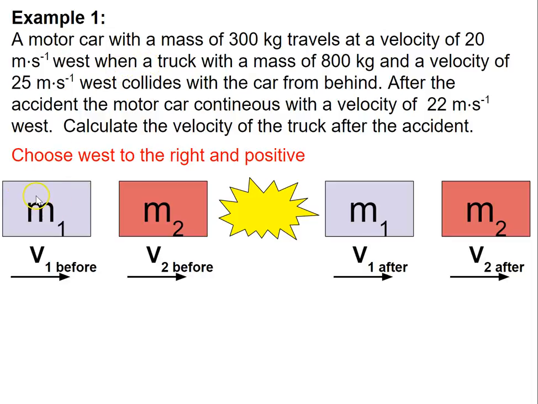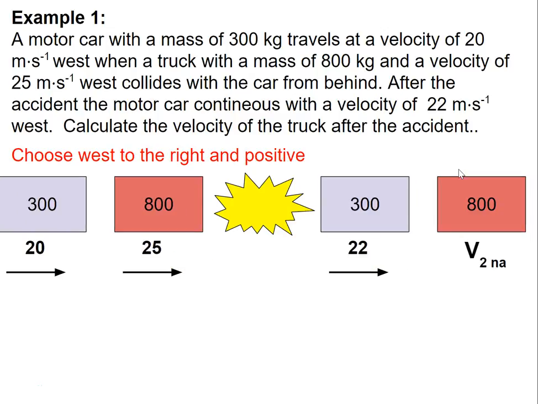So the car has a mass of 300, the truck has a mass of 800, and that's not going to change during the collision. Well, not in this case. Probably a little bit of bang up and so on. But anyway, if I have 300 kilograms over here, I'm going to have 300 kilograms over here. My truck is 800 kilograms over here and 800 kilograms on that side.